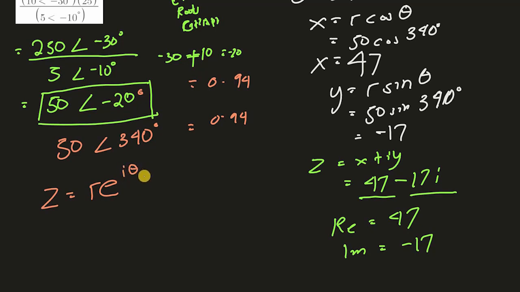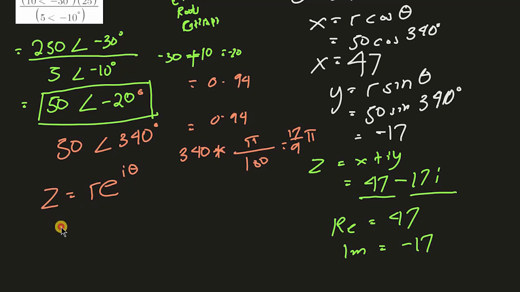And sa exponential form, guys, dapat yung theta mo is nasa radians. So, since our theta here is in degrees, i-convert muna natin to sa radians. So, converting that would be 340 times pi over 180. So, using our calculator, 340 divided by 180 is equals to 17 over 9. That would be equal to 17 over 9 pi.